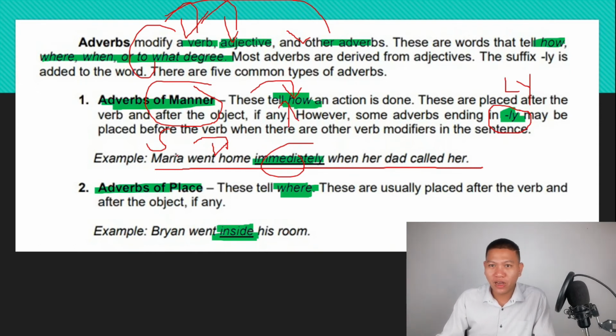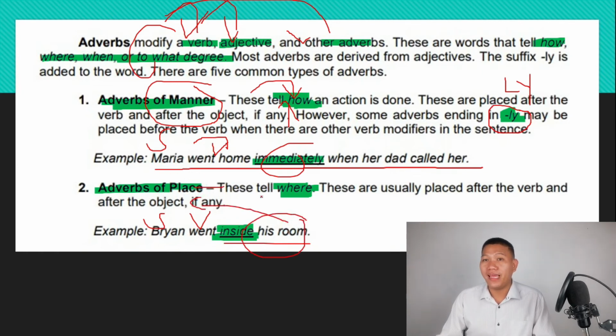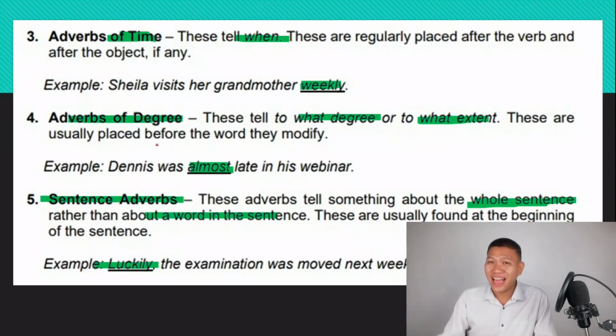Number 2, adverbs of place. These tell where. These are usually placed after the verb and after the object. Brian went inside his room. So Brian is the subject. Verb is went. Went where? Okay? So it's an adverb of place, inside his room. It's an adverbial phrase actually. Number 3, adverb of time.